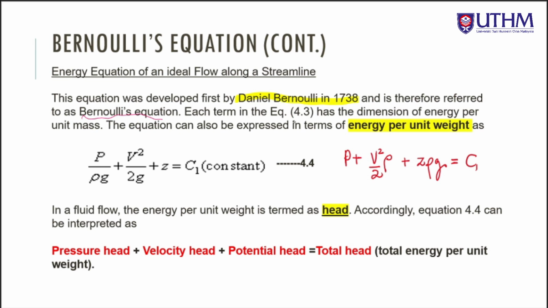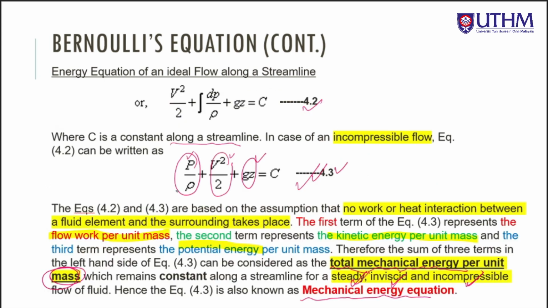Each term in equation 4.3 has the dimension of energy per unit mass. So macam kita cakap tadi kan, the first term is flow work per unit mass, the second one is the kinetic energy per unit mass, and the third one is the potential energy per unit mass. Kita dapat tengok semua ni adalah total mechanical energy per unit mass.